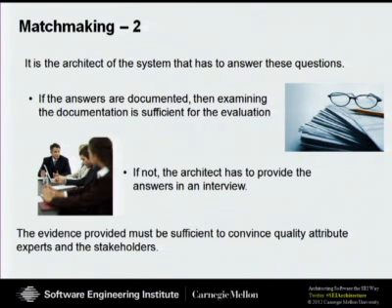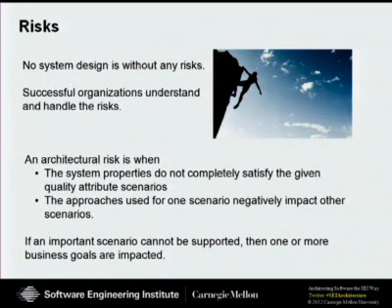So, for example, if it is very important to the organization that the architecture is secure, then the architect has to make the case that the architecture is secure in front of a security expert, the person that understands what security means. If the architect can convince that expert that the architecture is secure, then you can say, yes, you achieved the goal. Your architecture will do what you set out to do.